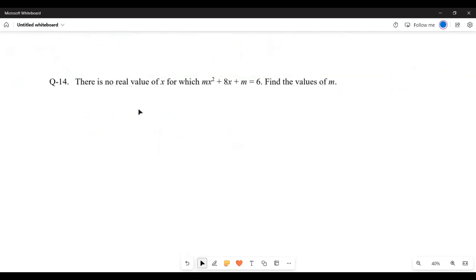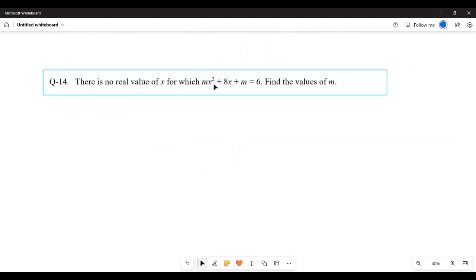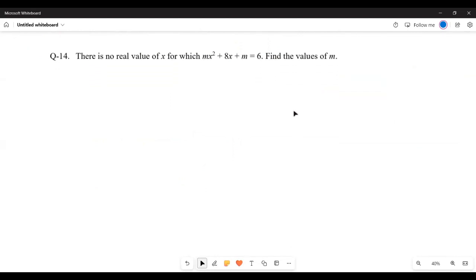There is no real value of x for which mx squared plus 8x plus m is equal to 6. Find the values of m. No real solution means that the discriminant is less than 0.